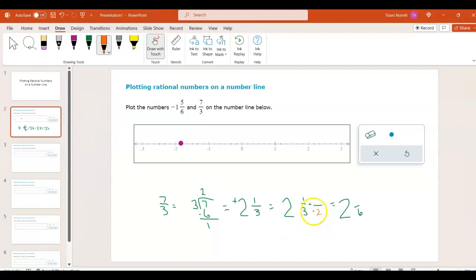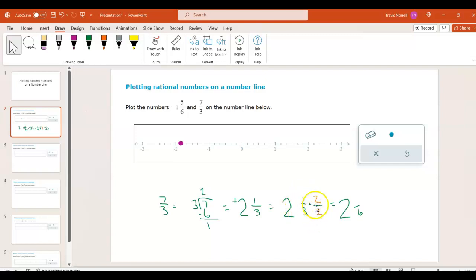But if I multiply the denominator by 2, then I also need to multiply the numerator by 2 in order to keep the same value of this answer. Because to multiply by 1 is not to change its value, it's to change its appearance. Or as I used to tell my junior high students, its outfit.